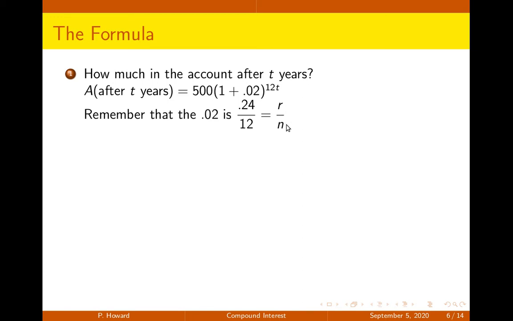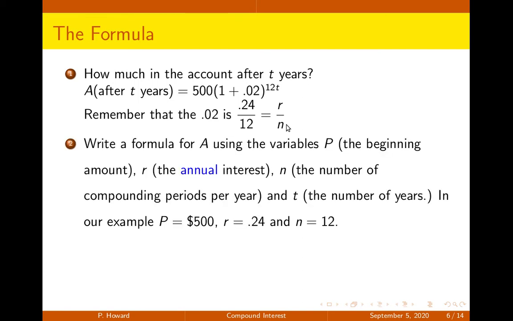So if we are looking for a completely general formula for compound interest, written using variables, P for the beginning amount, r for the annual interest rate, n for the number of compounding periods in a year, and t the number of years, the formula would be A equals the beginning amount times the quantity 1 plus r over n.